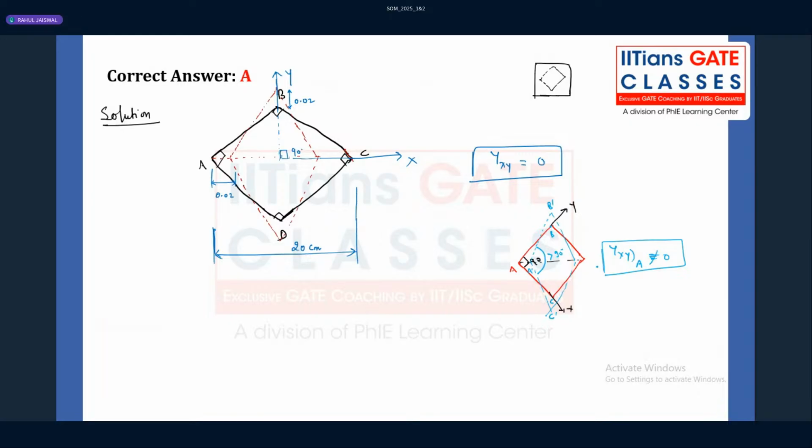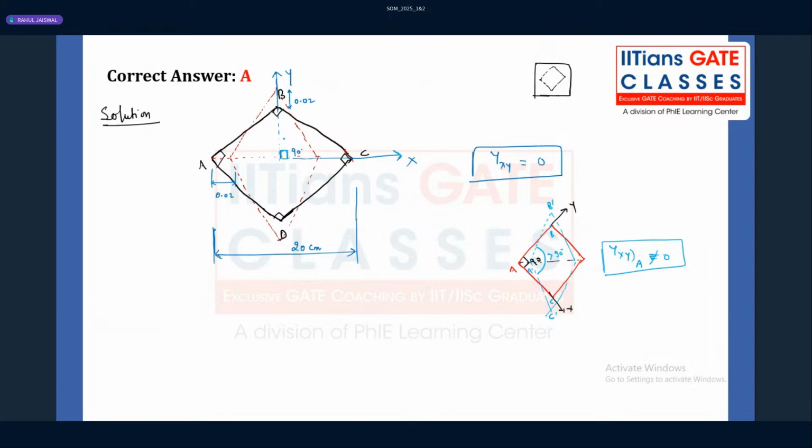So your answer for a particular corner, for a particular configuration, will change if you change the coordinate axis. That particular fundamental thing is what they want to test through this question. Again, I'm mentioning that the answer will be 0 because the x and y axes are given as horizontal and vertical, and the angle between these two will remain 90 degree all the time, irrespective of the deformation.